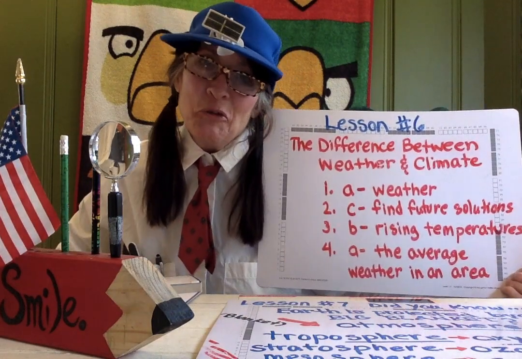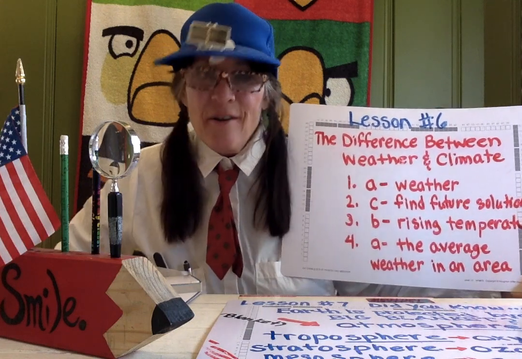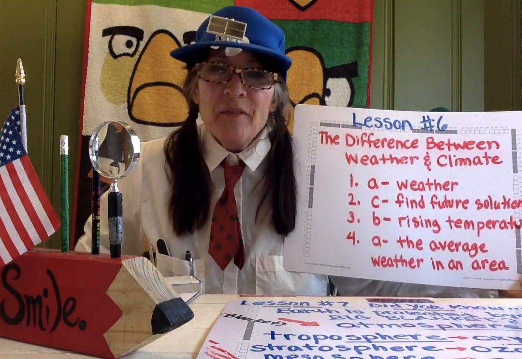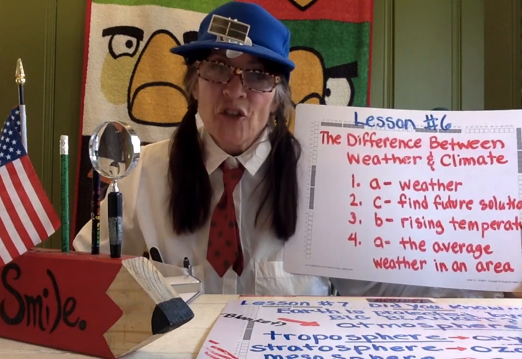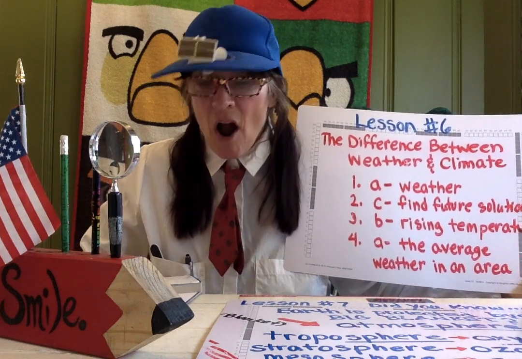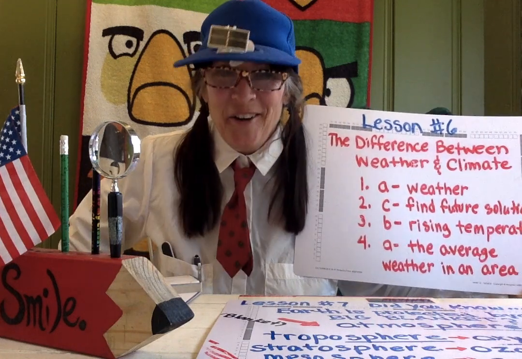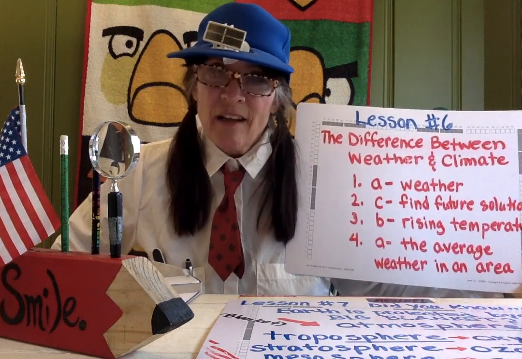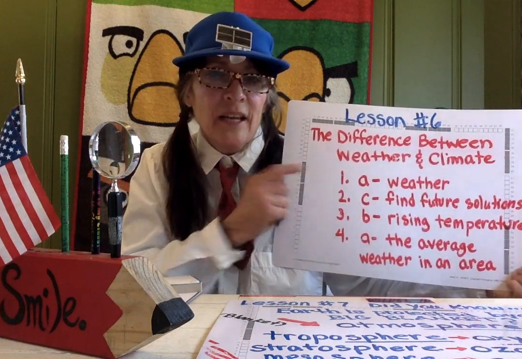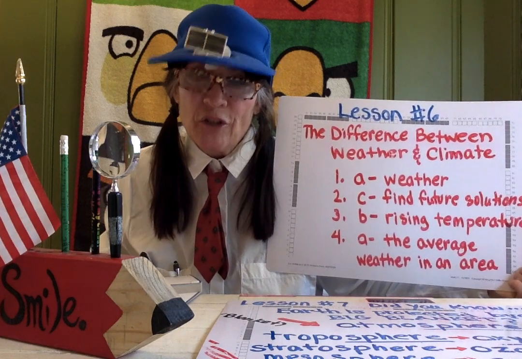These are the answers to Lesson 7, the difference between weather and climate. The first question was, atmospheric changes during a short period of time are described as A, weather. Number 2, why is it important to study climate? The answer is C, to find new solutions for the future.